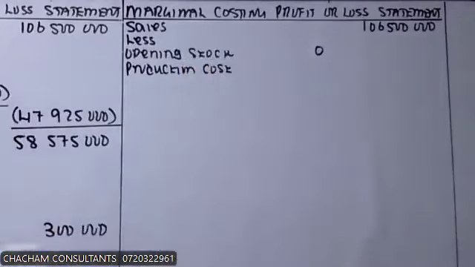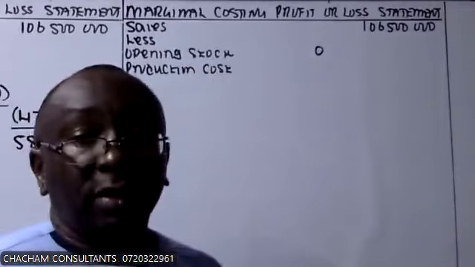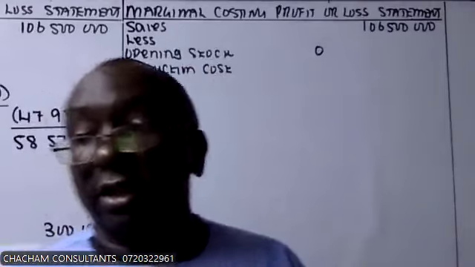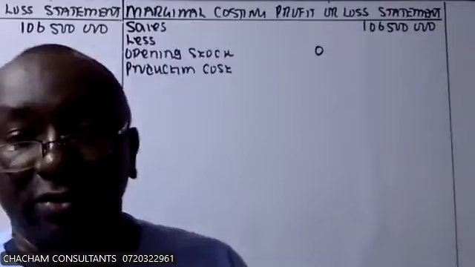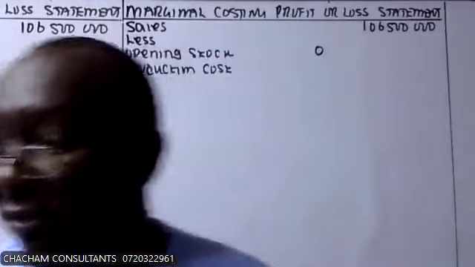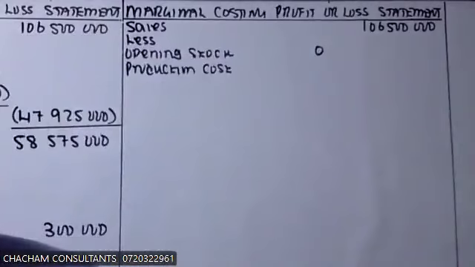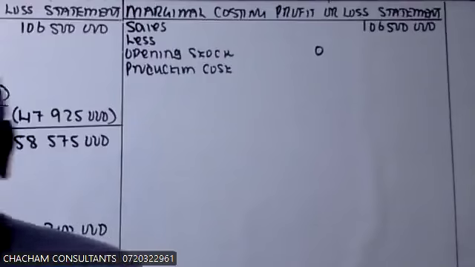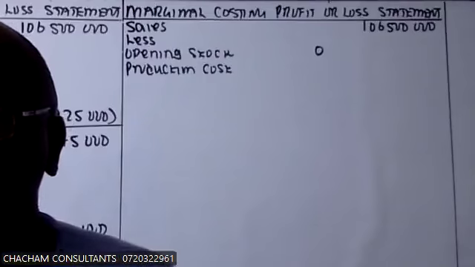Production costs, we will now value the 24,000 units using the marginal cost we got above. It was 1,800.